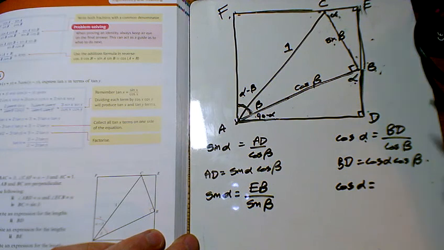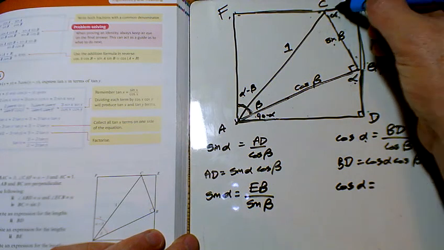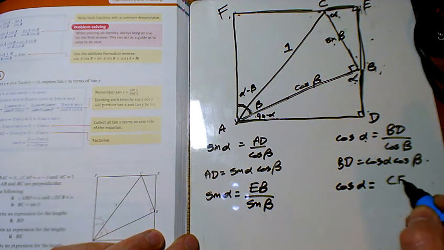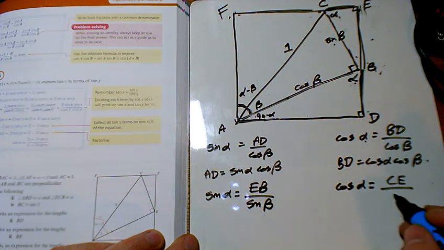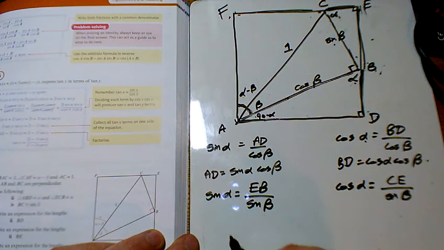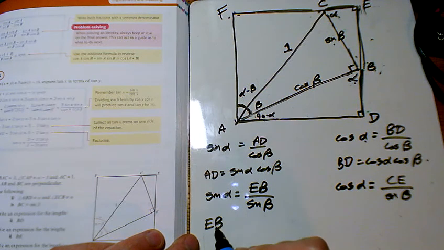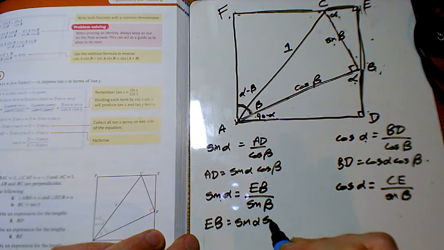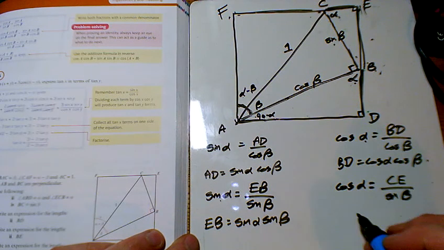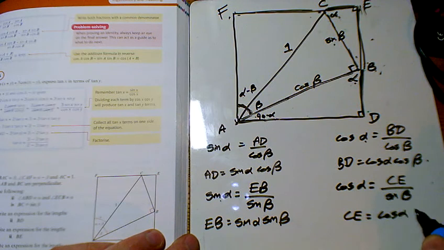And the cos of alpha here, the cos is the adjacent side, that's CE, divided by the hypotenuse, which is the sine of beta. And much like I did before, we're going to multiply that up. I've got EB is sine alpha, sine beta this time, and CE is cos alpha, sine beta this time.